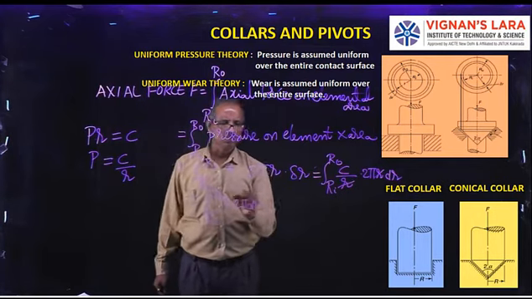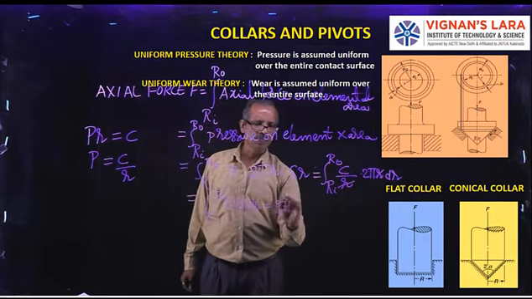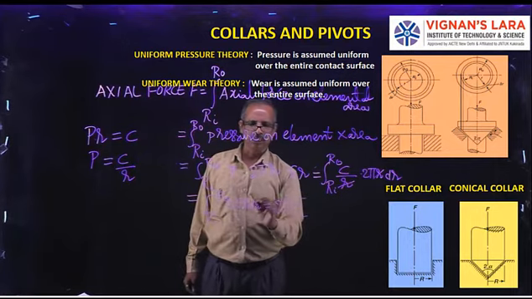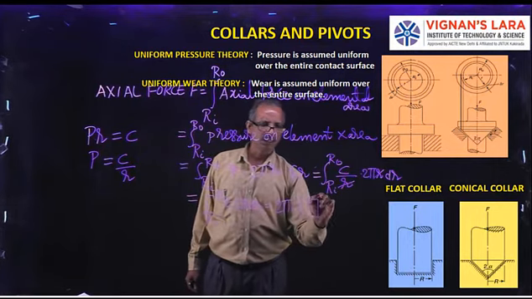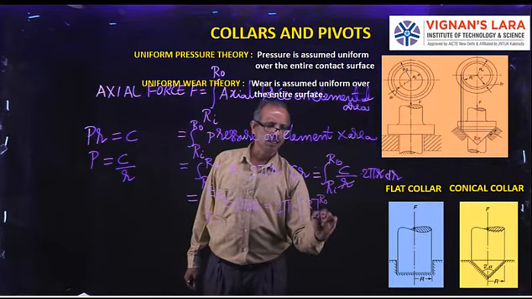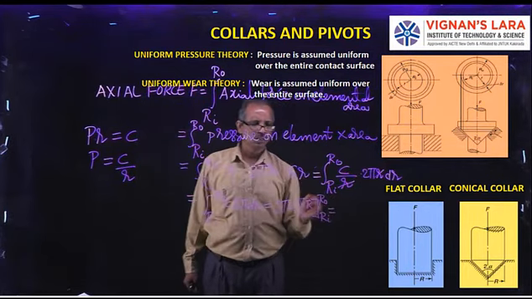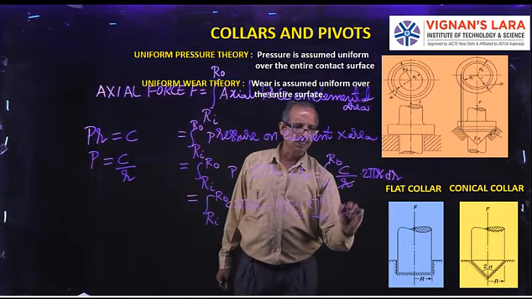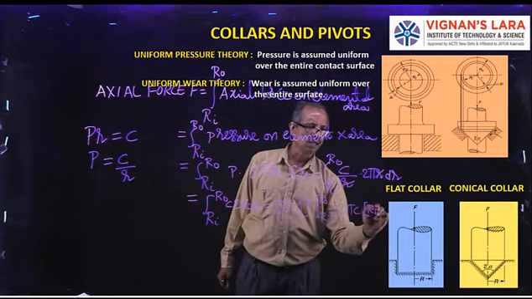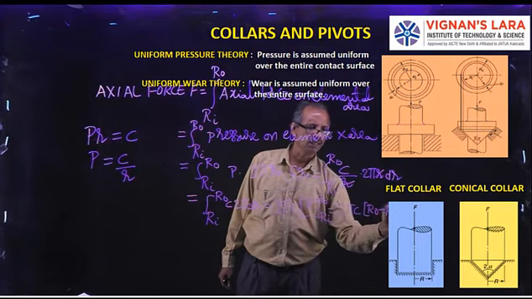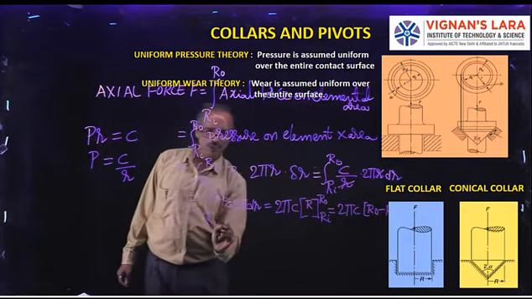This 2 pi C I will take out. Then the integration of dr is R, with limits R0 and Ri. Substituting the limits, this is R0 minus Ri. What is C?